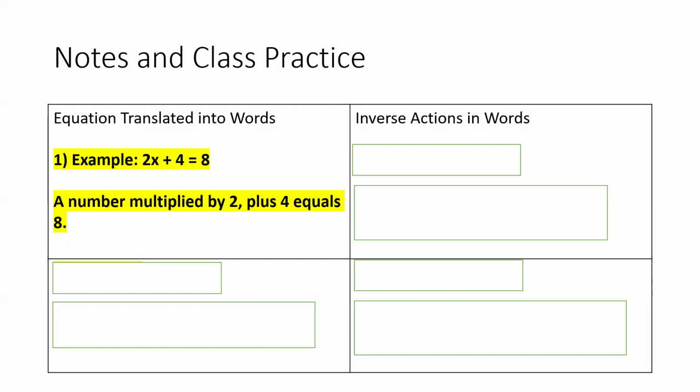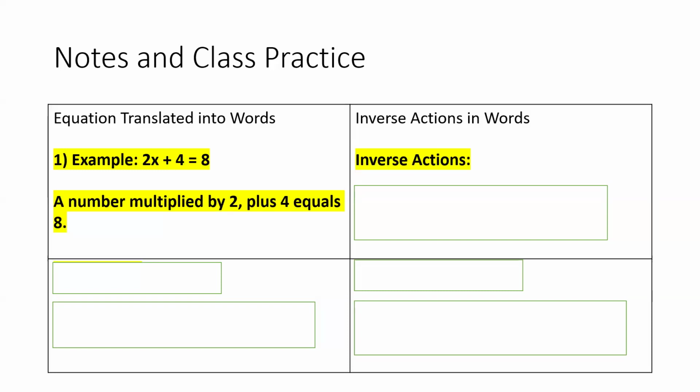All right, now we're going to do the inverse of that. So the inverse actions here is saying that I want to do the opposite of what I just said. So a number multiplied by 2 plus 4 equals 8. If I'm doing the inverse operation of that, I'm going to read that backwards.